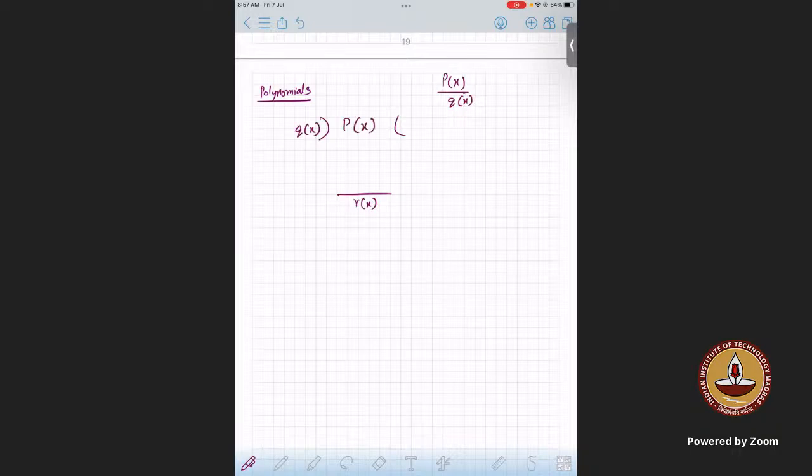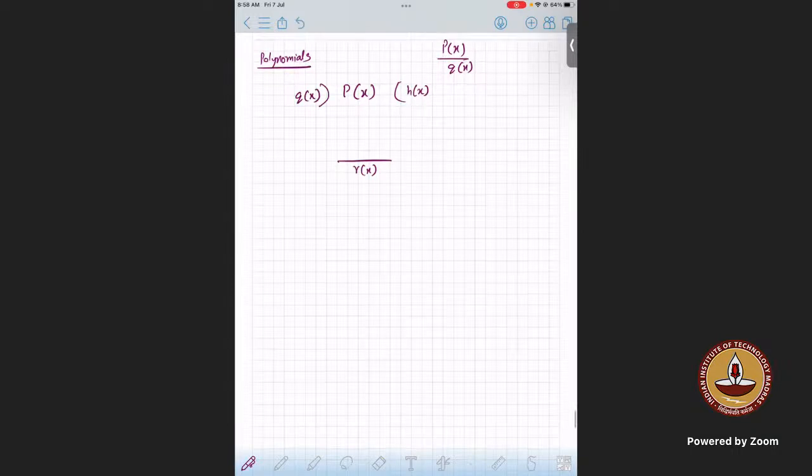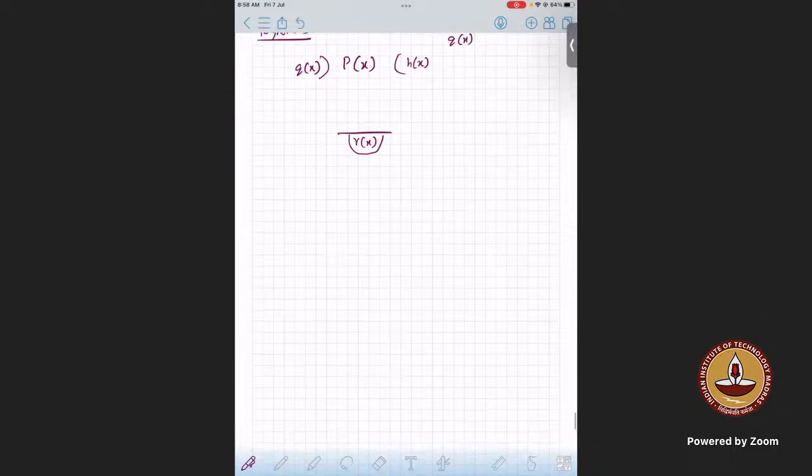H of x is the quotient. Look, listen to this very carefully. When will we get the remainder?